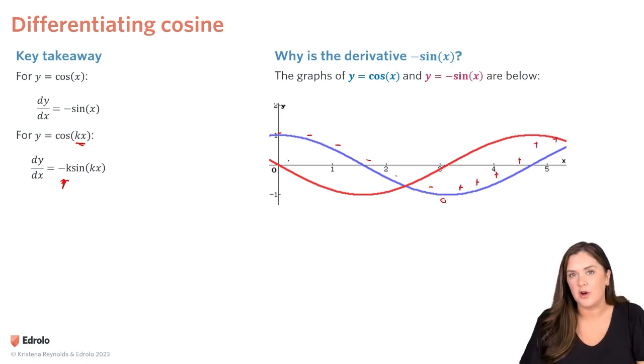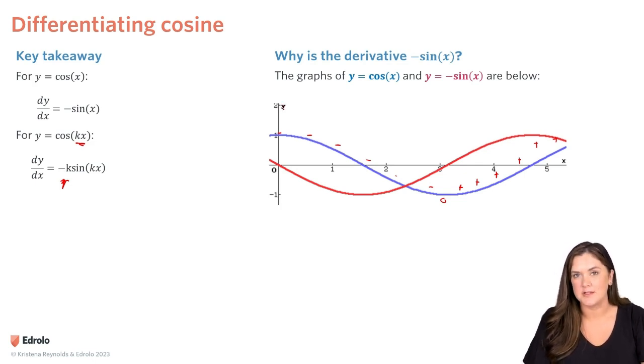Now, if we look at our reflected sine graph, we have axis-intercepts there at 0, pi, and 2 pi. So now if we ignore that this is the y-axis and call it the gradient axis, so what is happening to the gradient at each point, we know that along the x-axis, the gradient is 0. So at each of our maximum points for cos, it is going through the x-axis for our negative sine graph.